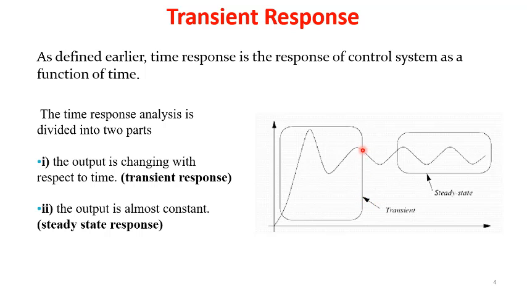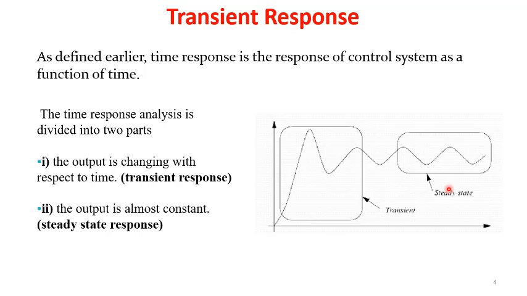And if the output almost gets settled, or the output is almost remaining constant, in other words the output does not change with respect to time, or there is very little deviation in output with respect to time, that particular time period or phase is called the steady state.